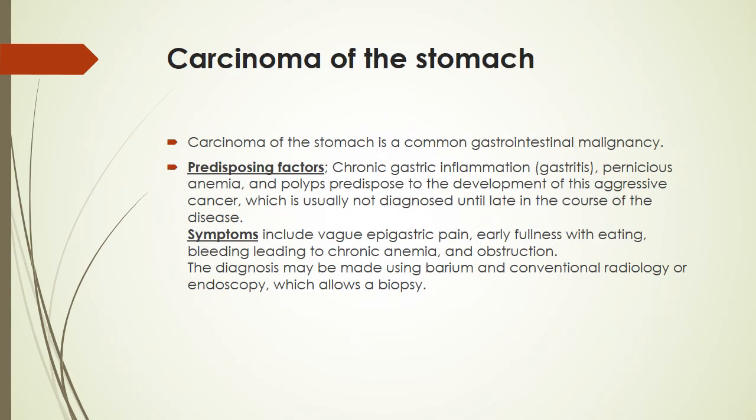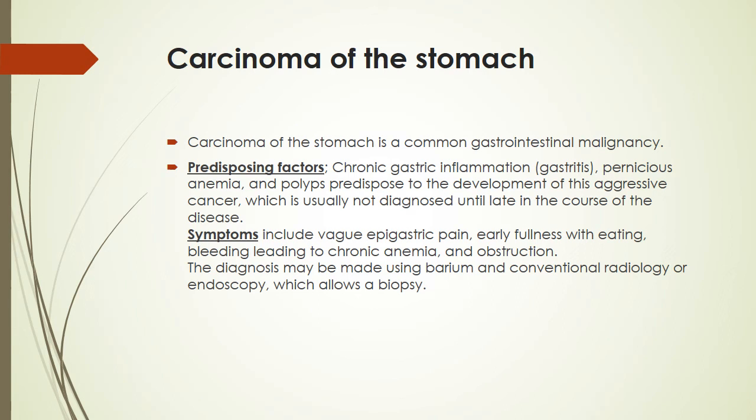The next is carcinoma of the stomach. Carcinoma of the stomach is a common gastrointestinal malignancy. The predisposing factors which lead to carcinoma are chronic gastric inflammation, that is gastritis, pernicious anemia, and polyps.